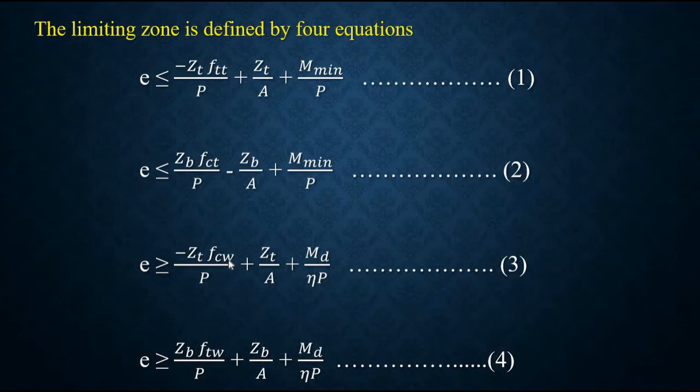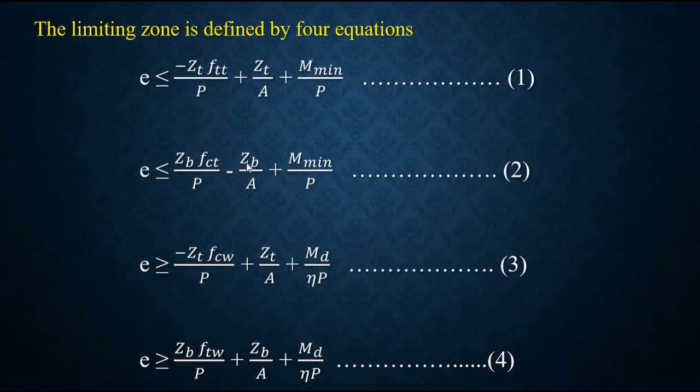FCW is the permissible compressive stress in concrete at working loads. Like that, here also you can see ZT. Next is ZB, that is for the second and fourth equation. For the second equation, it is the section modulus at the bottom. FCT is the permissible compressive stress in concrete at the transfer stage.